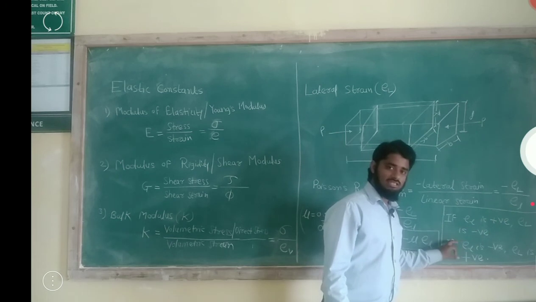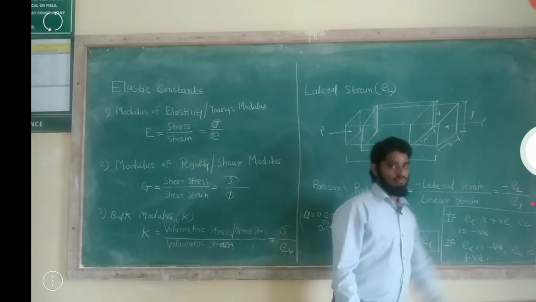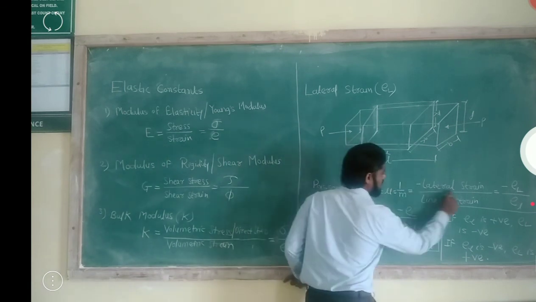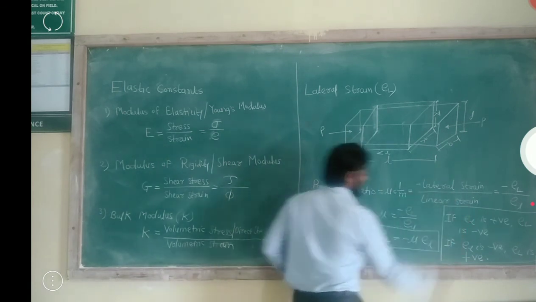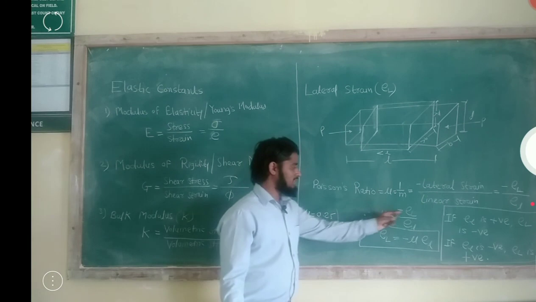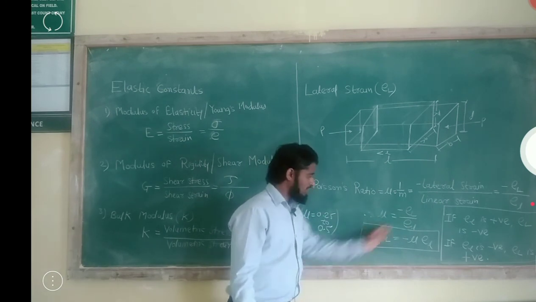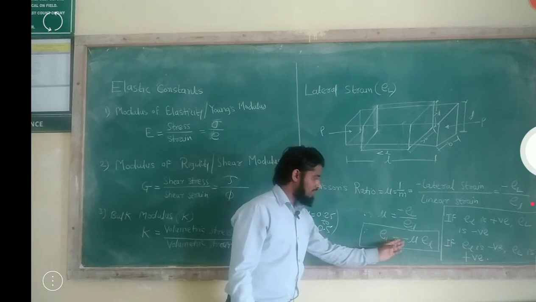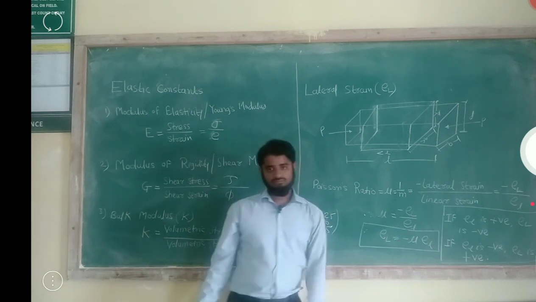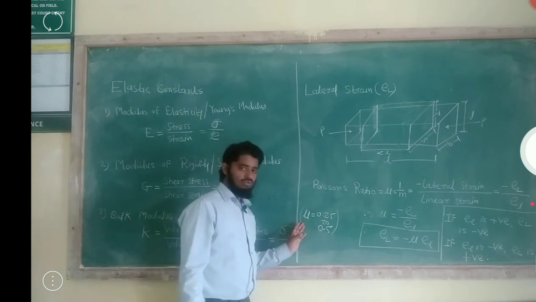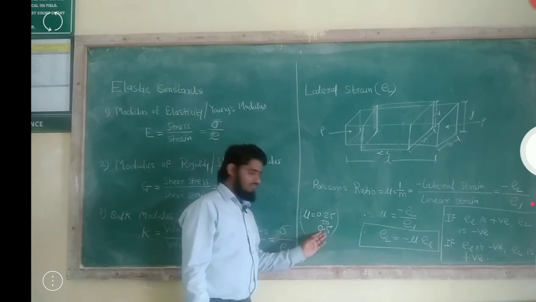If linear strain is negative, lateral strain is positive. So mu equals minus lateral strain upon linear strain. Now the formula becomes: lateral strain equals minus mu into linear strain. We have already seen the value of mu, 0.25 to 0.5.